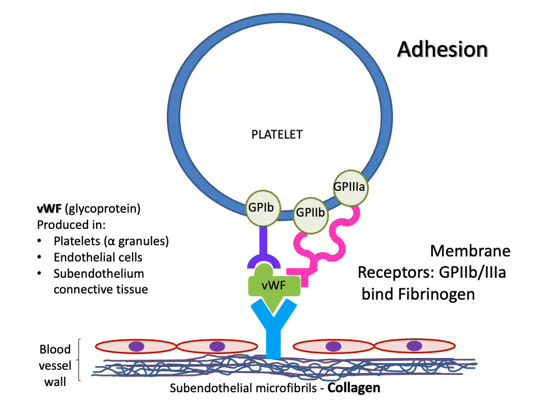Following a vascular injury, von Willebrand factor binds to collagen, both types 1 and 3. Two distinct platelet receptors for von Willebrand factor, the glycoprotein GP1b in the GP1b-9-5 complex and the GP2b3a complex, are present on the platelet membrane. Von Willebrand factor dependent platelet adhesion occurs best under conditions of high fluid shear stress, such as rapid blood flow.